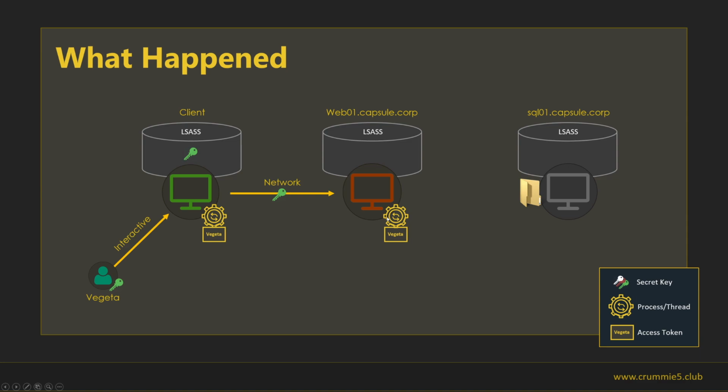But when the service wants to save those files that Vegeta sent into the remote folder that is offered by SQL01, the service doesn't have anything to act on behalf of Vegeta. So the service tries to access the folder without any credential. And that is why the service, SQL01, responds with an access denied.